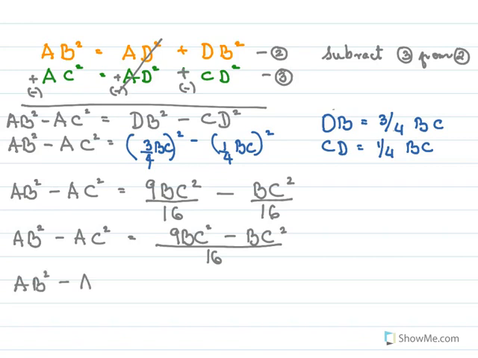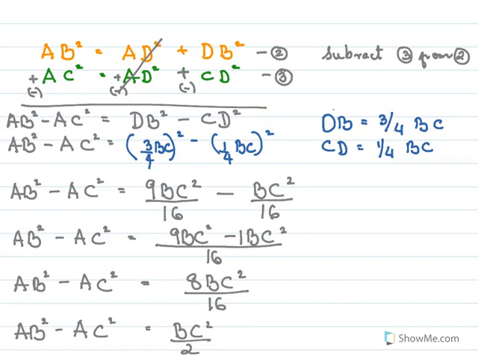AB square minus AC square, 9 minus 1 is 8 BC square over 16. So now we have AB square minus AC square. We reduce this and we get BC square over 2.